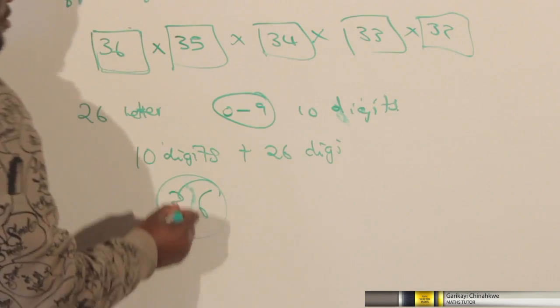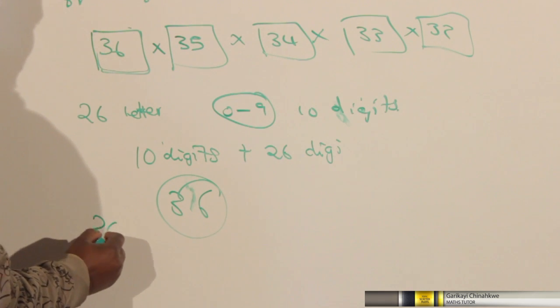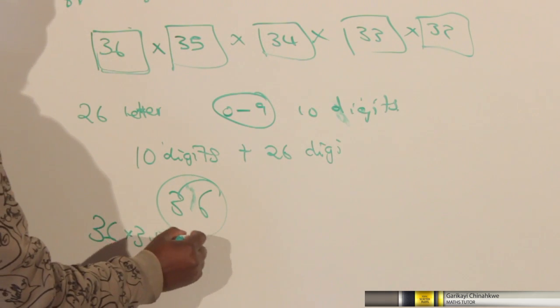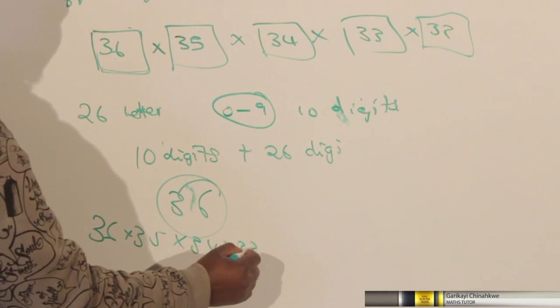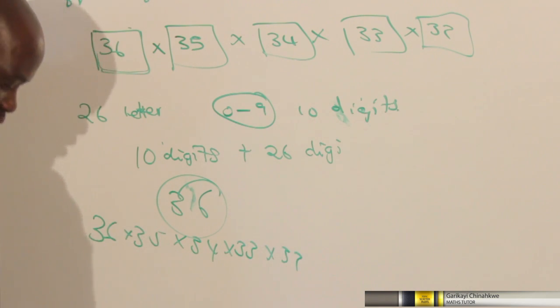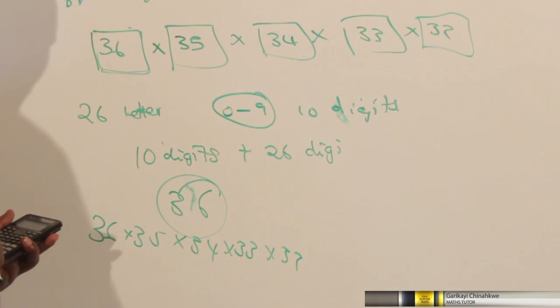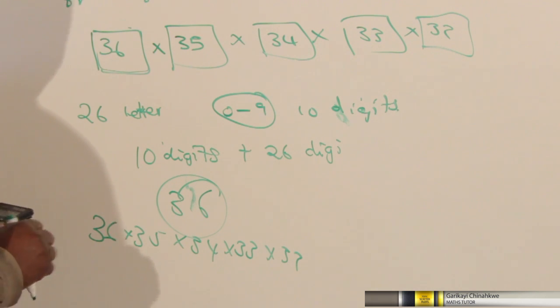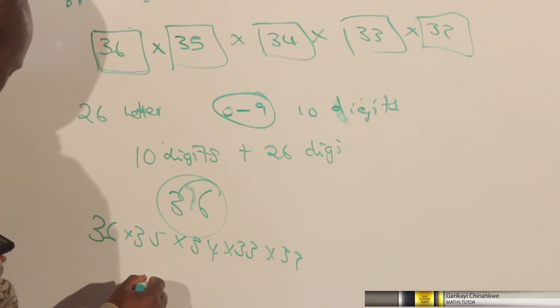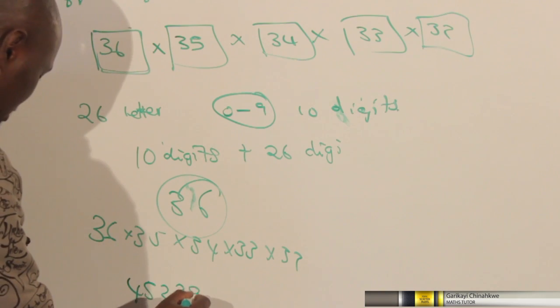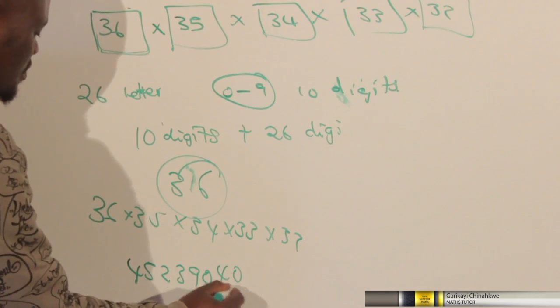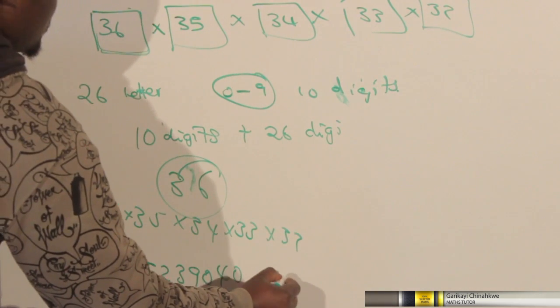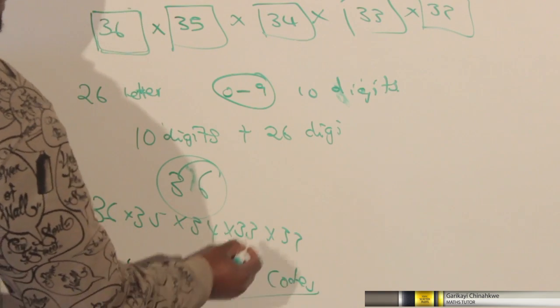So it's 36 multiplied by 35 multiplied by 34 multiplied by 33 multiplied by 32. Let me multiply that using the calculator. I'm going to get 4523940 codes. So these are the codes that can be generated.